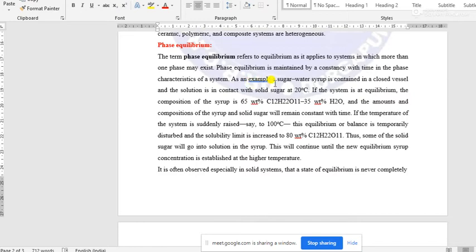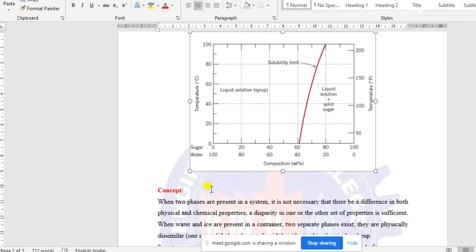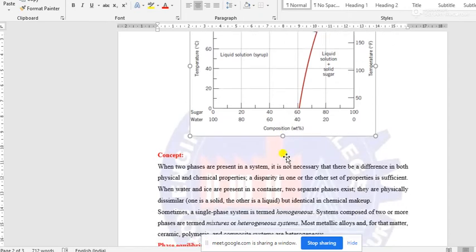You may take the same example for easy understanding, that is sugar syrup or sugar water syrup. In that case, you may consider phase equilibrium at a specific temperature, maybe 20 degrees Celsius. At 20 degrees Celsius, from the graph, the solubility limit is almost 65% by weight of sugar and 40% by weight of water.